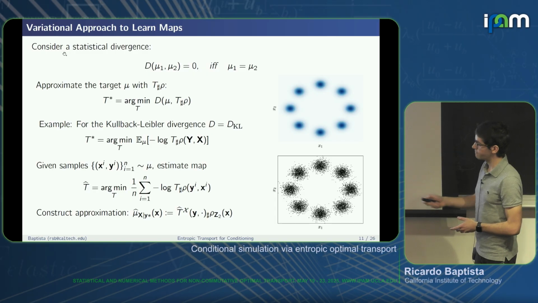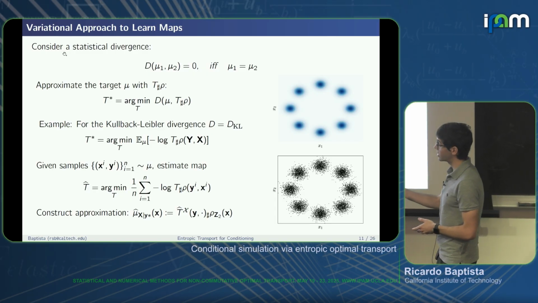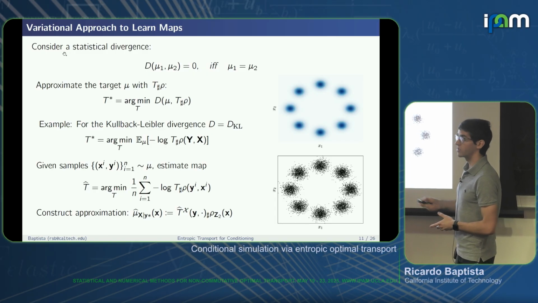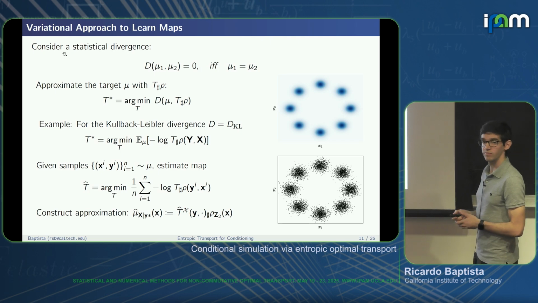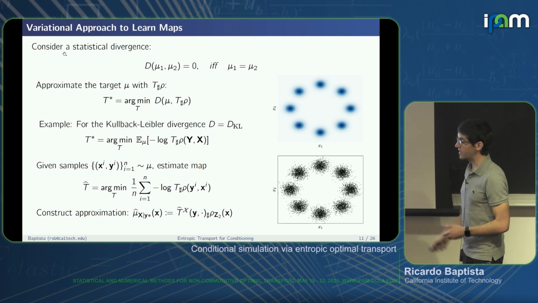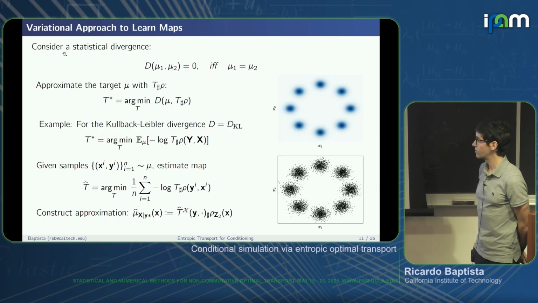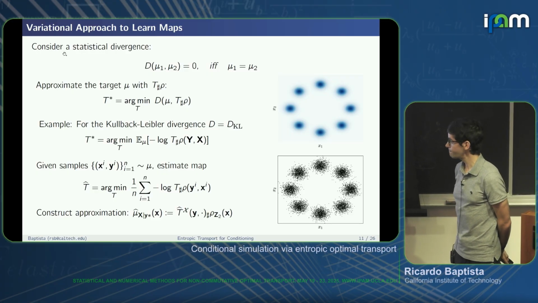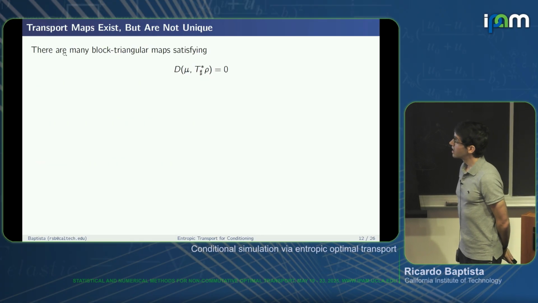We can empiricalize these objectives and then solve this maximum likelihood estimation problem to get our estimator that we can use to then sample from the conditionals we're interested in.